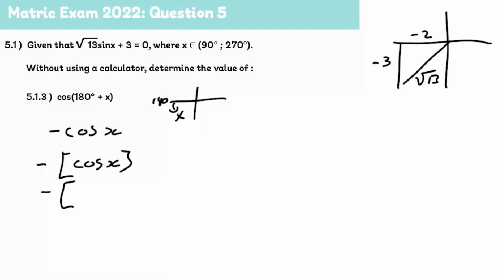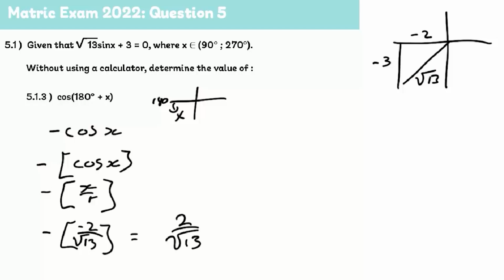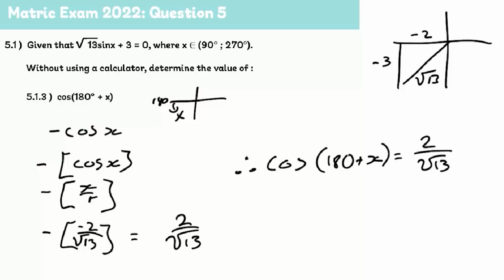We know that cos x is x over r. What is x? X is minus 2. What is r? R is square root 13. That would then become a positive 2 over square root 13. Therefore, cos 180 plus x equals 2 over square root 13.